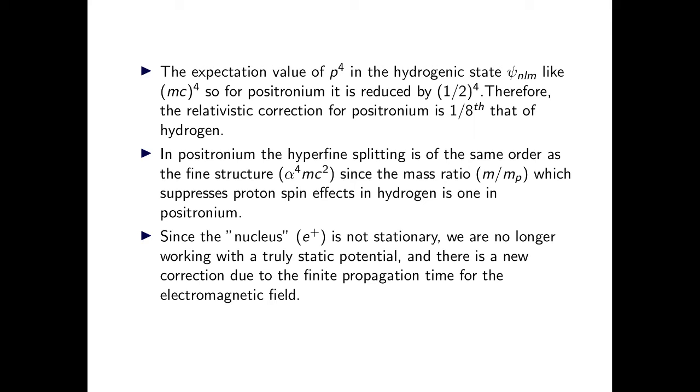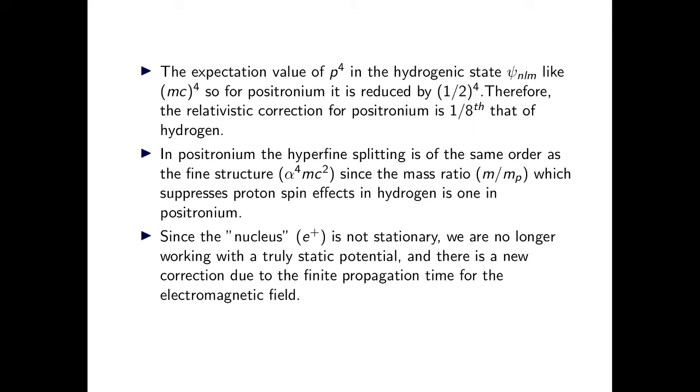And the hyperfine splitting, which we were dealing with earlier, would be of the same order as the fine structure, which would be alpha to the power of 4 m c squared. This is because of the mass ratio suppressing the proton spin effects in hydrogen, and it's the same in the positronium. So we would have pretty much the same structure, but there's a small correction, although this is negligible, which I'll get to in a while again.